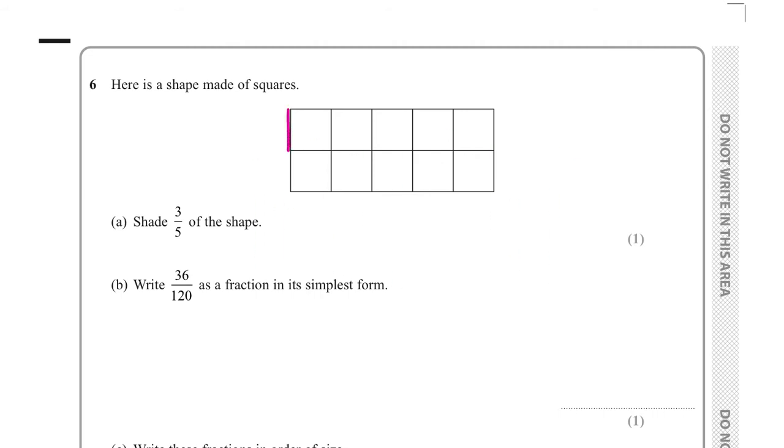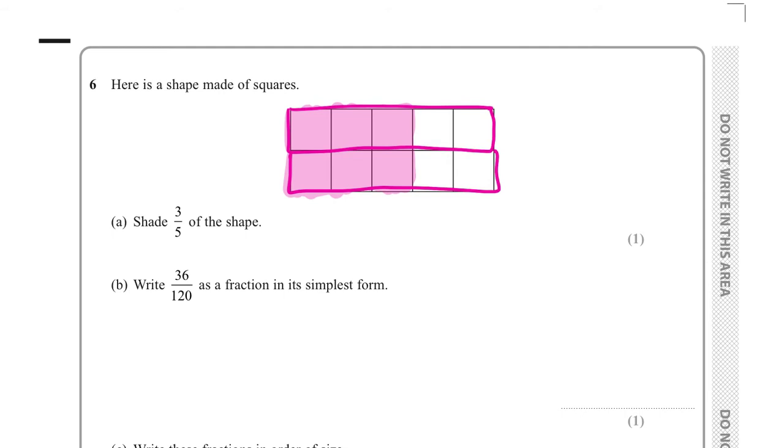I've got, this is 5, and this is 5. So I've got 2 lots of 5s. So if I'm shading 3 out of every 5, 1, 2, 3 out of 5. Then again, 1, 2, 3 out of 5. Okay, so that's how we shade it.